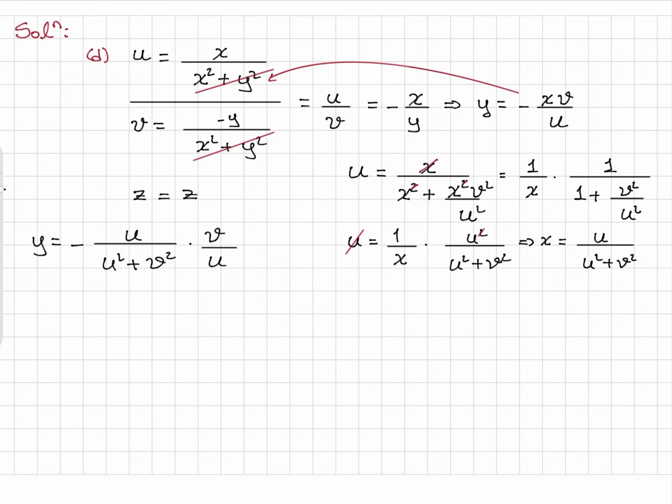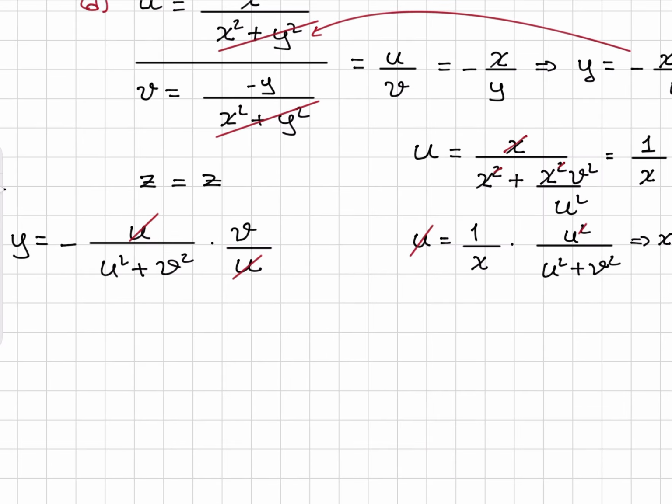Now you can see that these u's will cancel out, and I will be left with y is equal to minus v divided by u squared plus v squared.